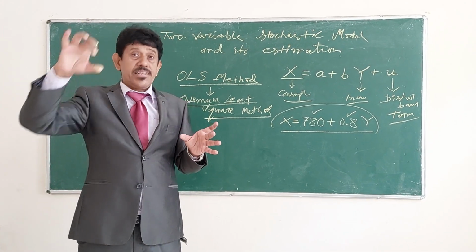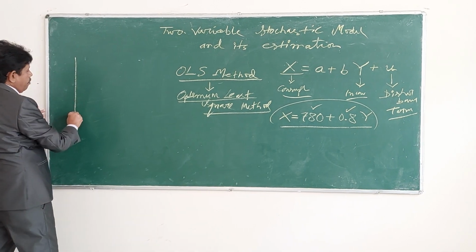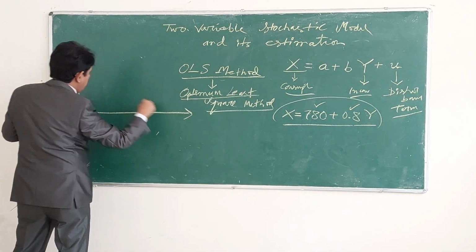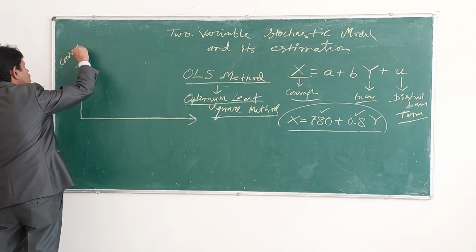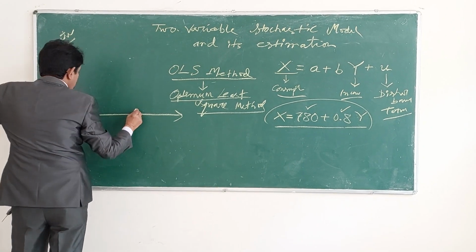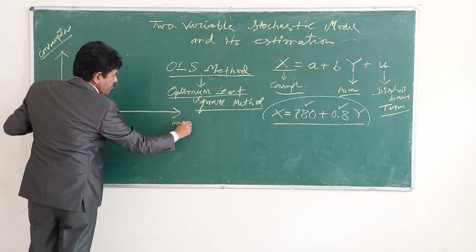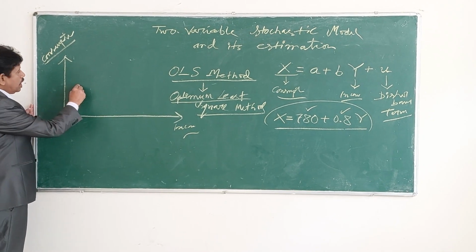There will be scatter. In other words, it will be like this. Here we are measuring consumption, and here we are measuring income. So our points are like this.